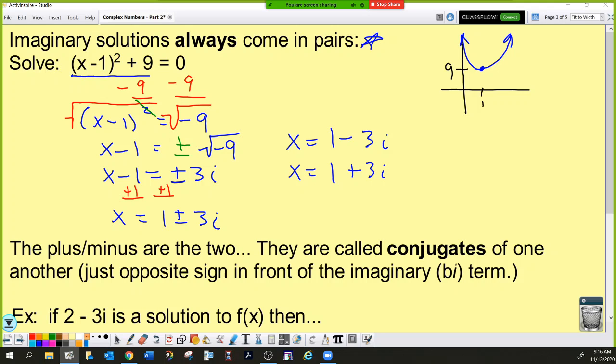In mathematics, if you have two, they're called binomials because they have two parts. If they're exactly the same in every way except for the symbol that's in between them, if one's a plus and one's a minus, we call these conjugates. And since these are complex numbers, these are called complex conjugates. The only symbol that changes is the one that's in front of the imaginary number. Complex conjugates. And complex solutions will always come in conjugate pairs.